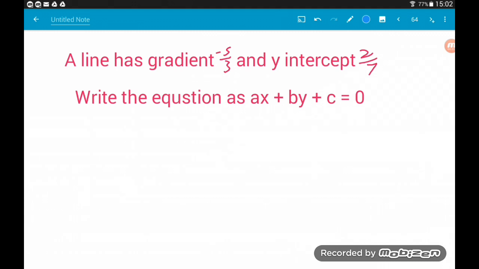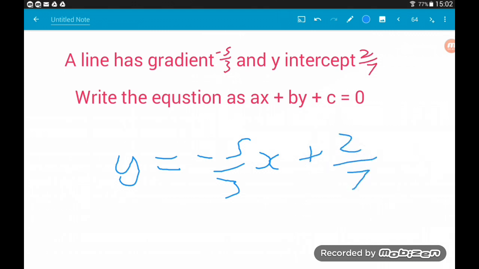So we know the gradient is minus 5/3. So we've got y is minus 5/3 x, and then the y-intercept is 2/7. So plus 2/7.